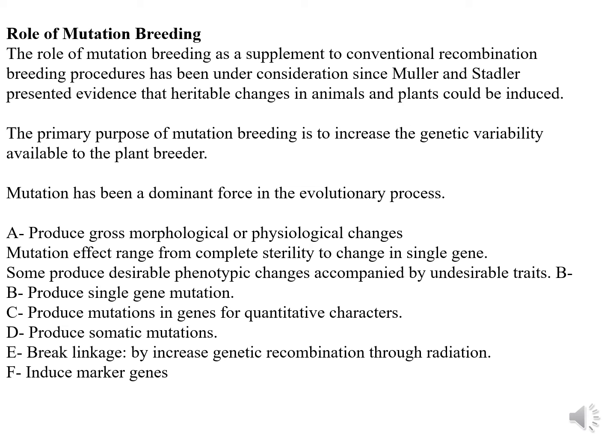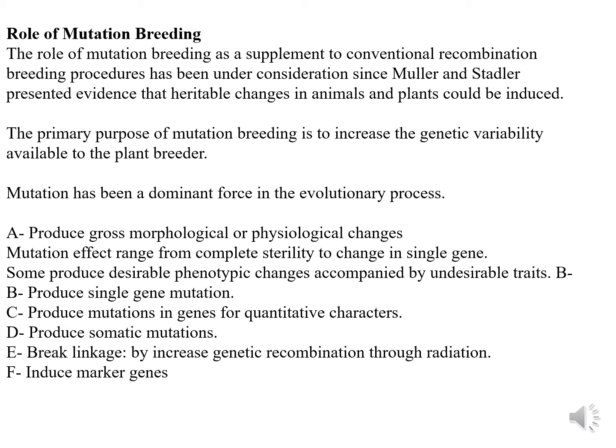In this case, we can produce somatic mutations that can help us select and at the same time maybe produce good new varieties. And we have a lot of new varieties in citrus and in stone fruits that have come from somatic mutation.